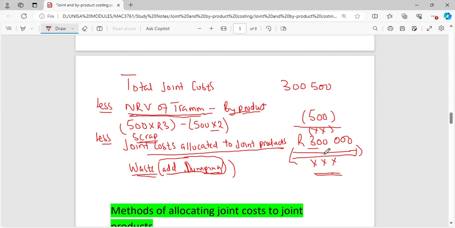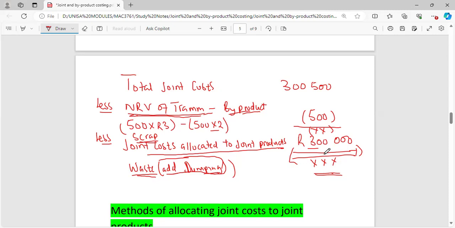Okay. So in your question, if you come up with a negative net realizable value, the cost of further processing... But in most cases, remember, the organization is trying to make money out of the byproduct or the scrap.